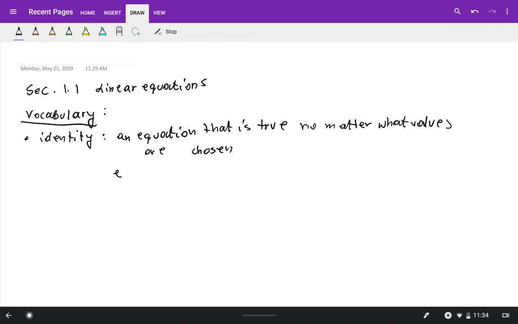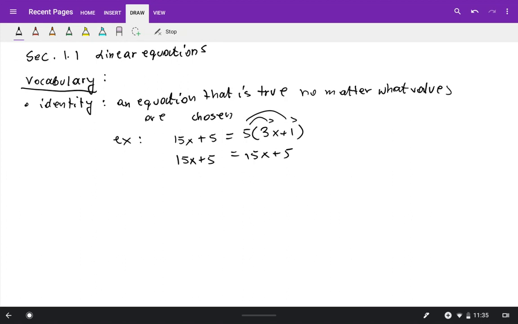So, a quick example of identity: 15x plus 5 equals 5 times (3x plus 1). This is an identity because, first of all, when you simplify the right side, you end up with 15x plus 5, and on the left side you also have 15x plus 5. So they are identical. But also, how are you going to know that you have an identity?